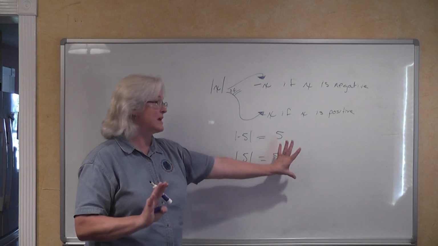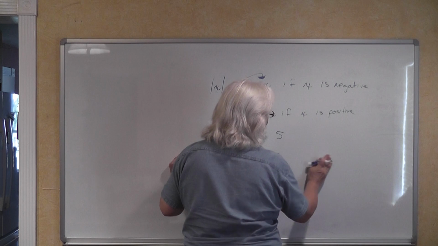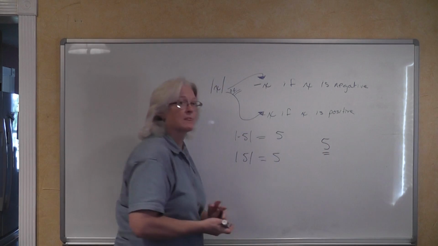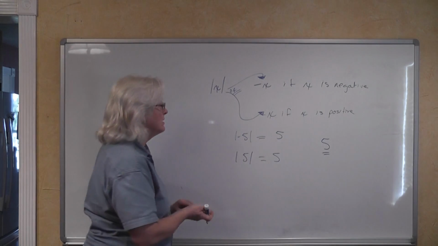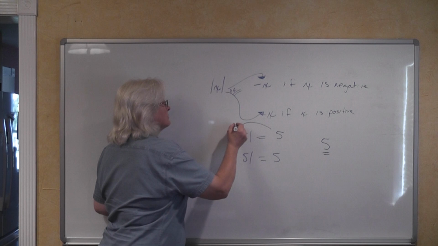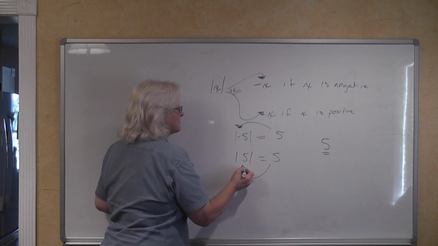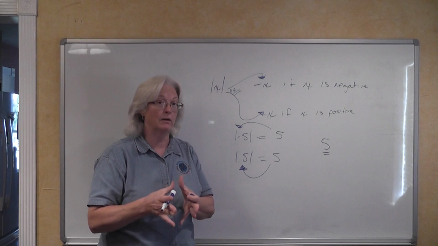And all I did was take this and turn it around and say that when we have an answer of 5 for an absolute value, there are two possible solutions, two possible values for x. That's what I illustrated for you right now.